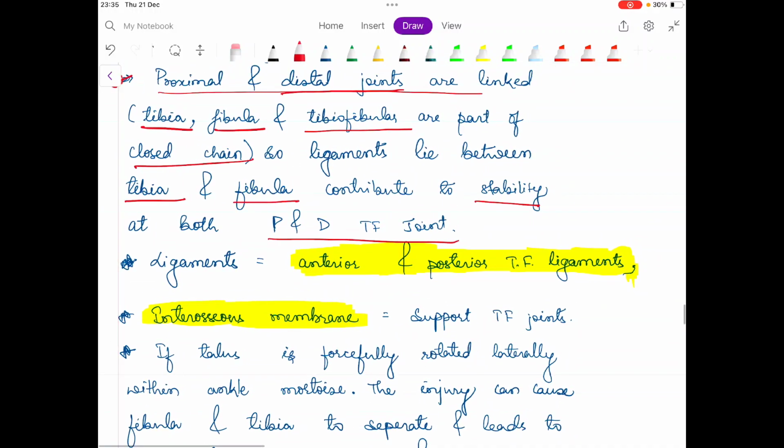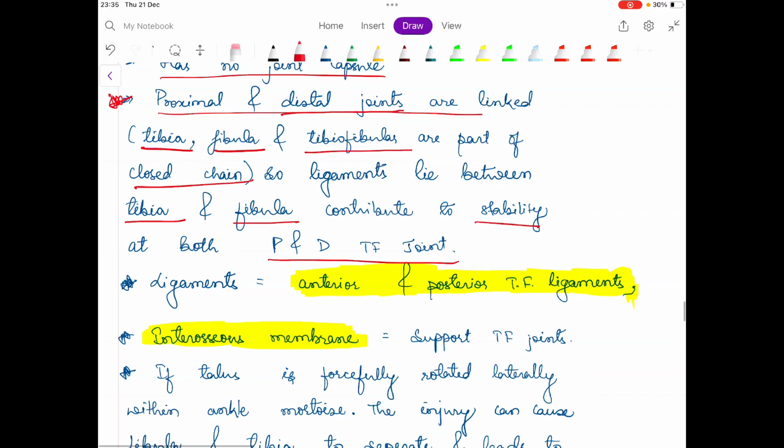It was just a small note, to keep in mind that any ligaments present between the tibia and fibula contribute to the stability of both joints.